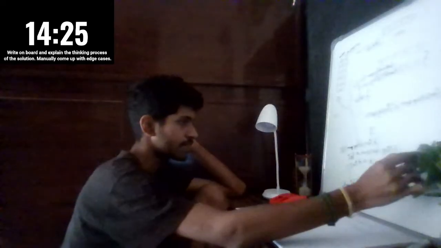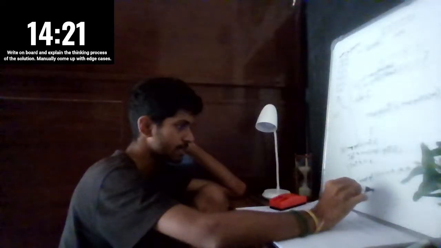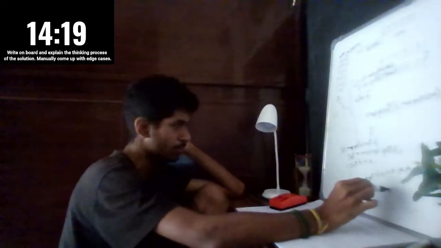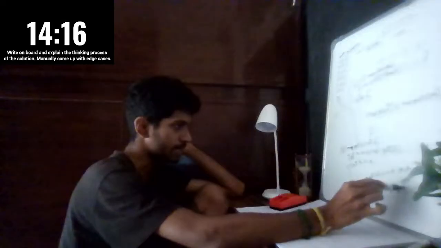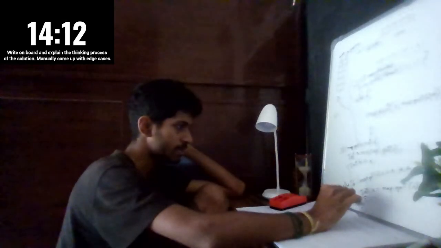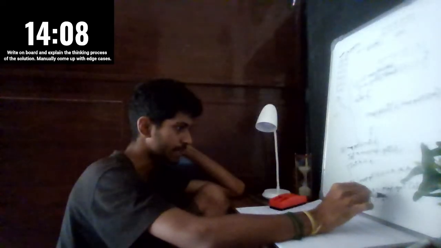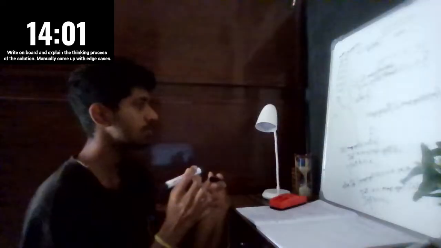Yeah, okay, it's fine. In both conditions, you will do the same thing: int a is equal to map dot get I, int b is equal to I.